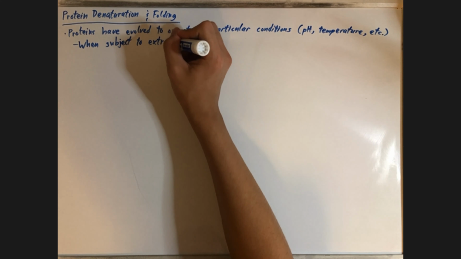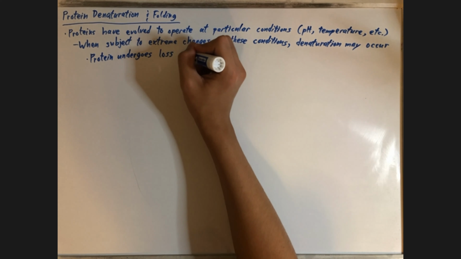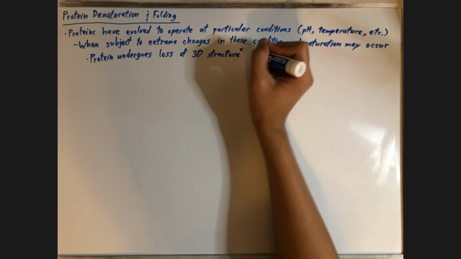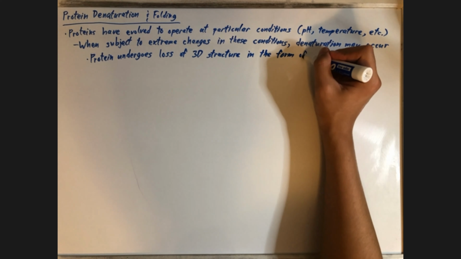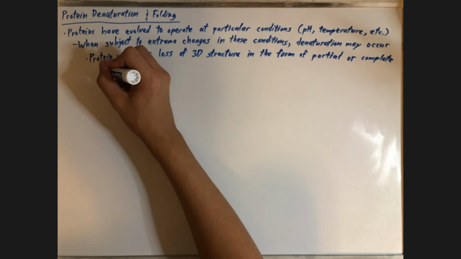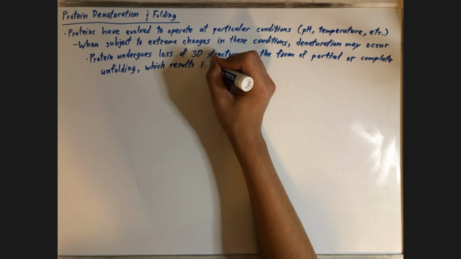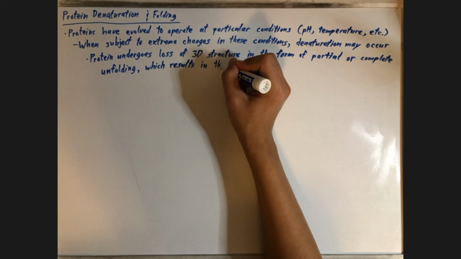When a protein is subjected to extreme changes in these conditions, then protein denaturation may occur. Protein denaturation is when the protein undergoes loss of a 3D structure in the form of partial or complete unfolding. And this loss of structure results in the loss of function for the protein.